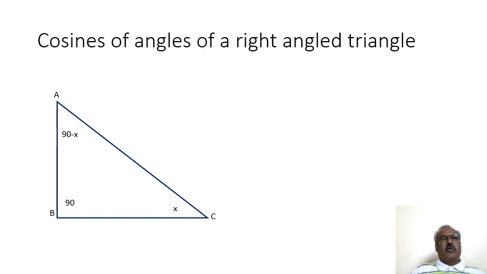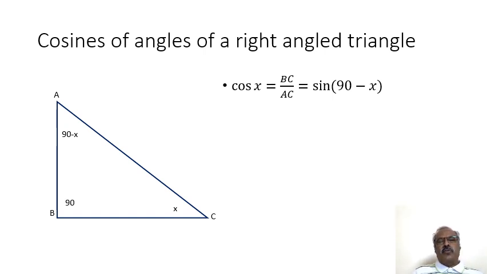The next ratio of importance is the cosine of an angle. The cosine of an angle x is defined as the side adjacent to it upon the hypotenuse. So cos x is equal to BC by AC. Notice that this is also the same as sine of 90 minus x, because, as we saw earlier, sine of 90 minus x is also BC by AC, opposite side by hypotenuse by definition.